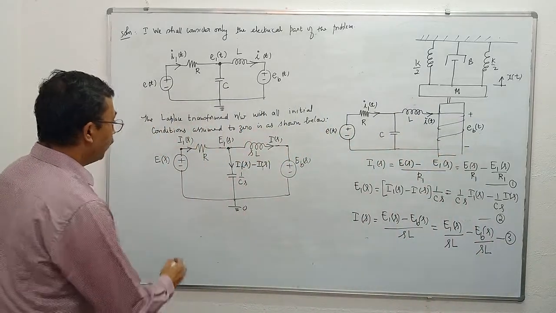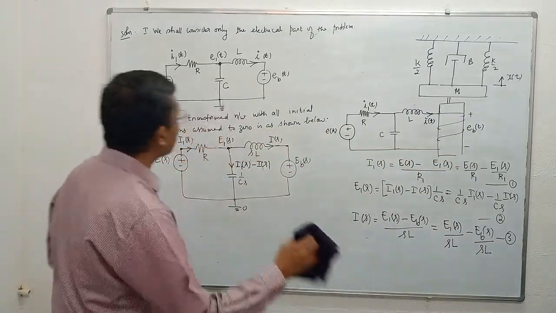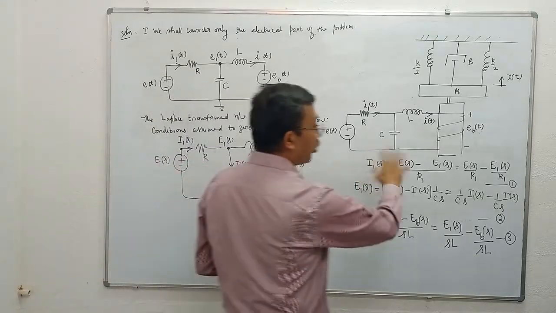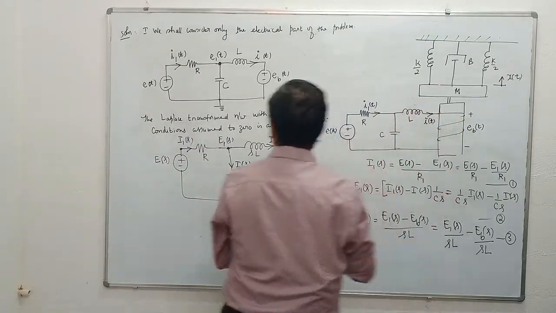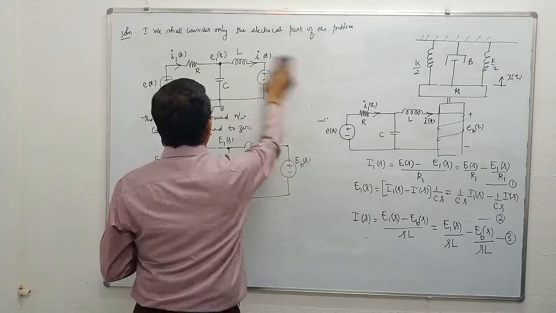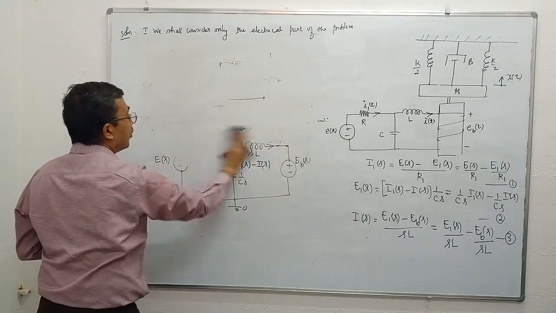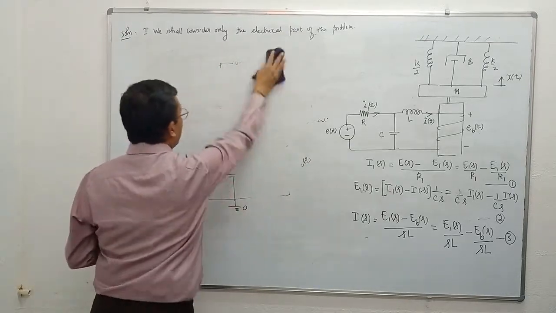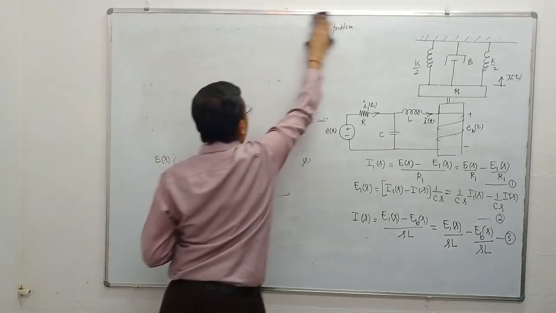What is the back EMF induced in the coil? The back EMF induced in the coil is proportional to dx/dt as per the problem statement.